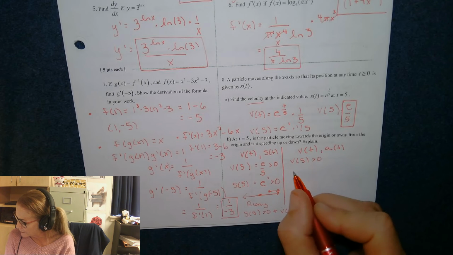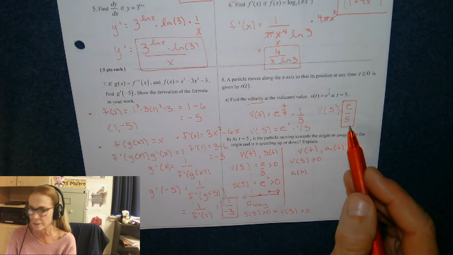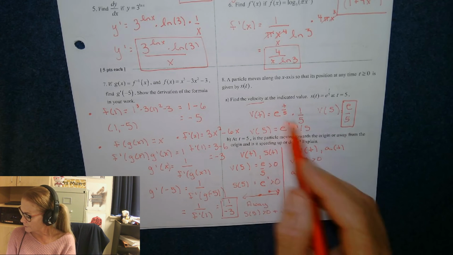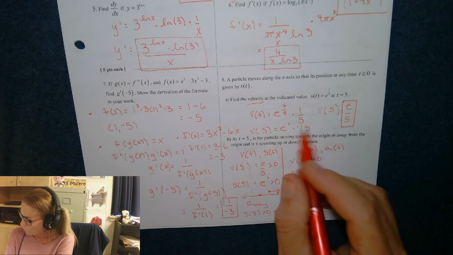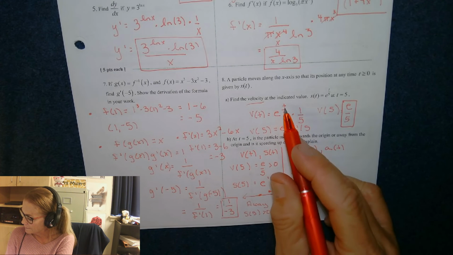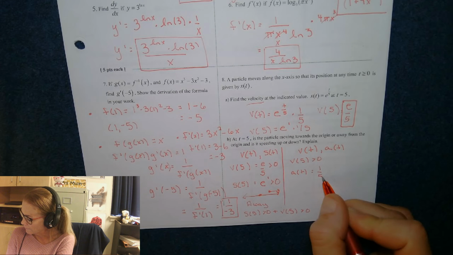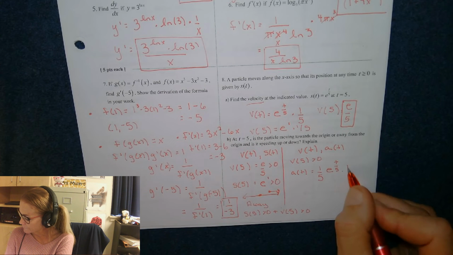We've established that. We need to get a of t, which is just going to be the derivative of this velocity, the velocity function right here, 1/5 t e to the t over 5. So this 1/5 will just be a scalar. e to the t over 5 will just stay, and then a chain.